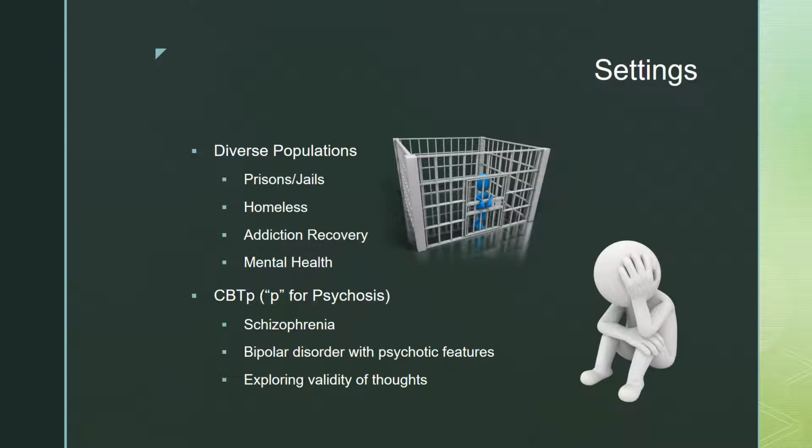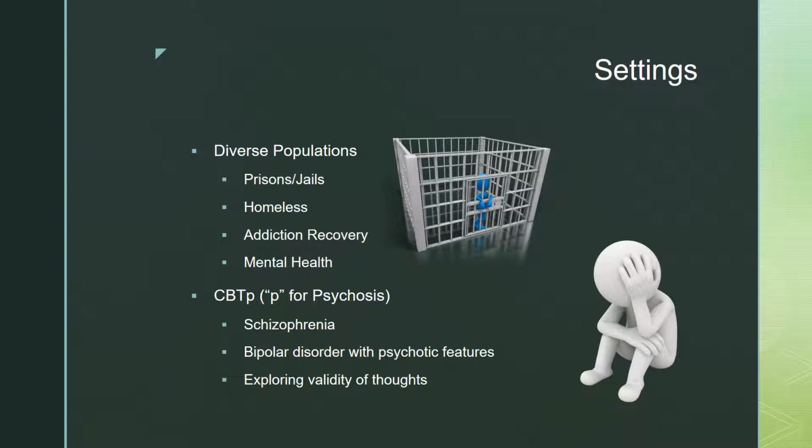Few people understand the flexibility of cognitive theory better than those providing CBTp, p for psychosis, to those who present as homeless with psychotic disorders such as schizophrenia and bipolar disorder with psychotic features.